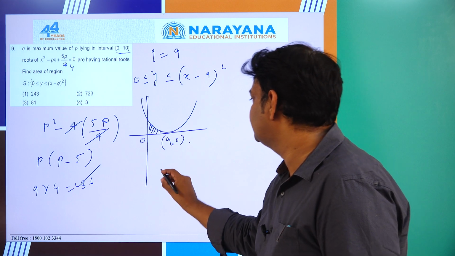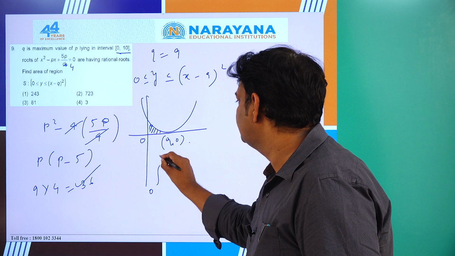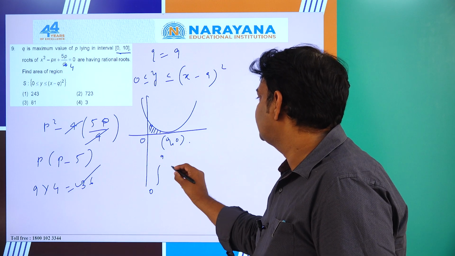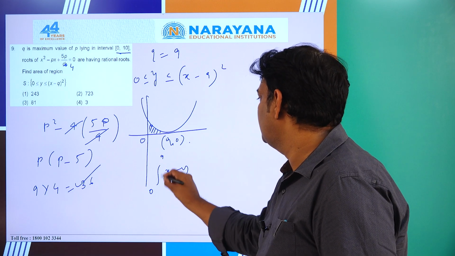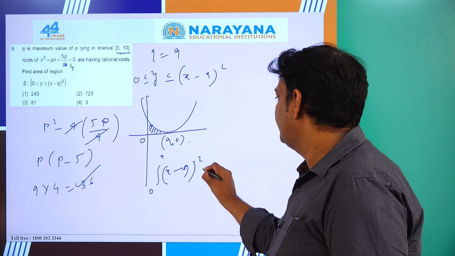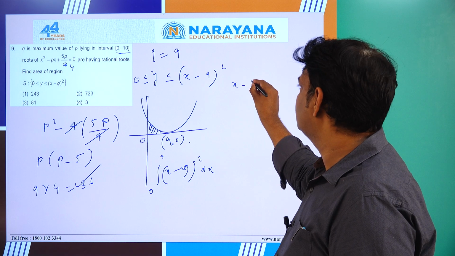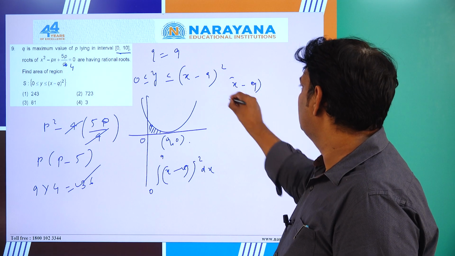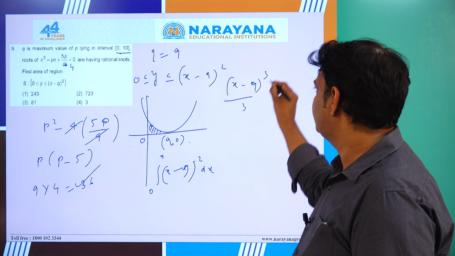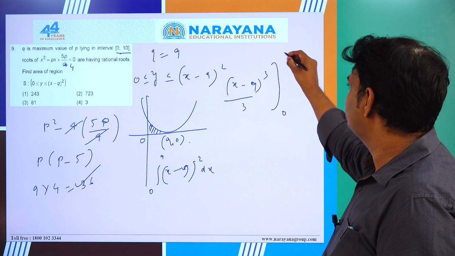It's as simple as this: integral 0 to 9 of x minus 9 whole square dx. That is x minus 9 whole cube by 3 from 0 to 9.